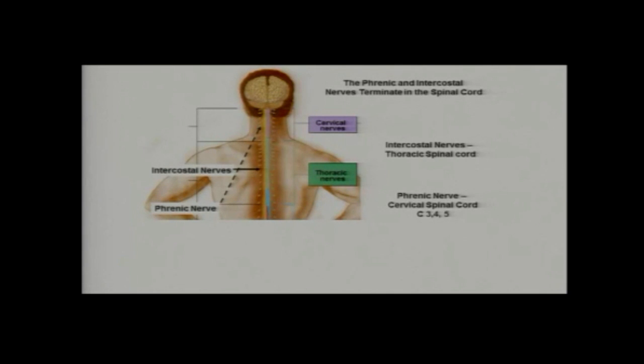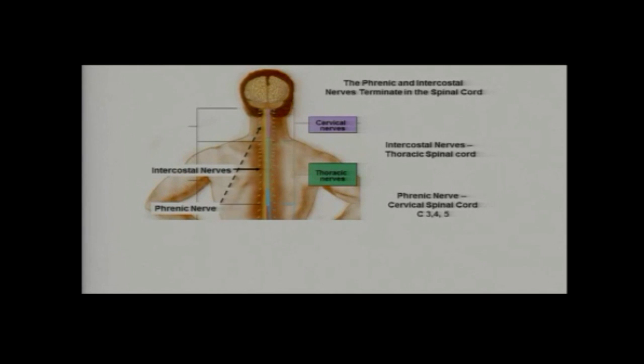And it emerges out of the spinal cord at cervical levels C3, 4, and 5, while the intercostal nerves come out of the spine throughout the thoracic spinal cord.